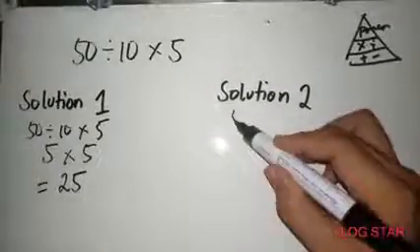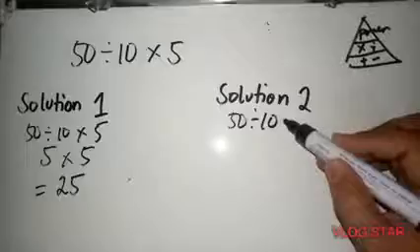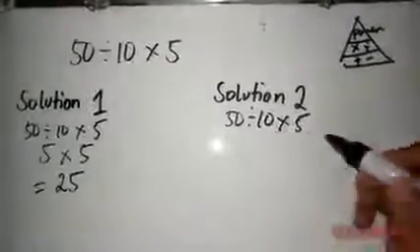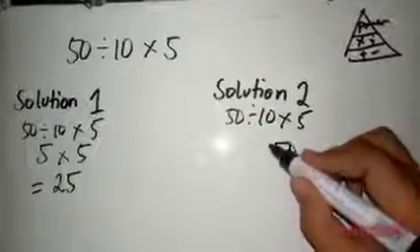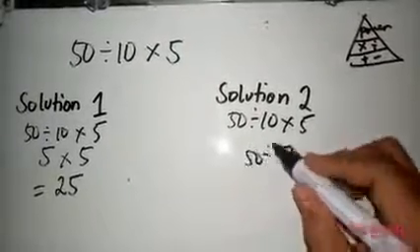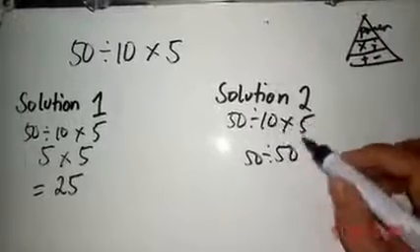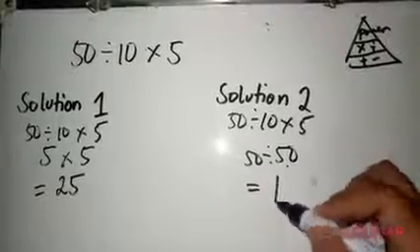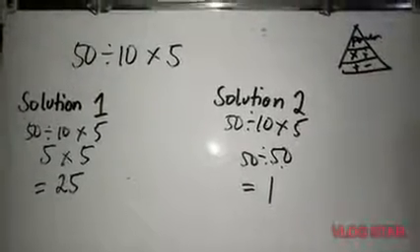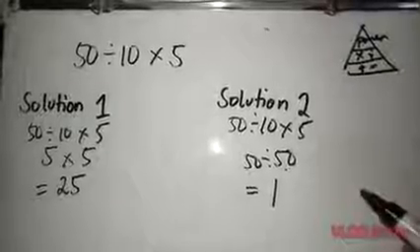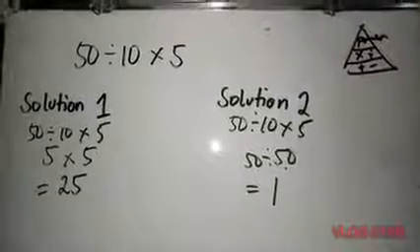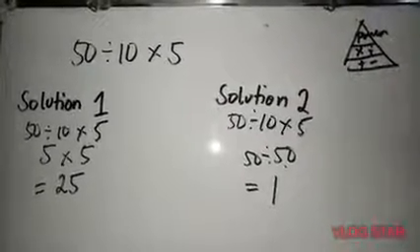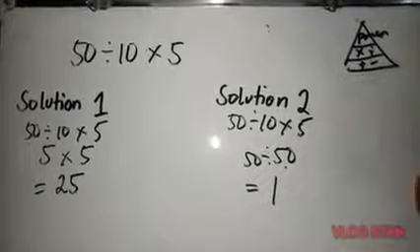Next solution, 50 divided by 10 times 5. If you multiply first, then the answer is 50 divided by 50. 10 times 5 is 50. So 50 divided by 50, the answer is 1. So you see the difference in answer. I will repeat: if division comes first before multiplication, then divide first.